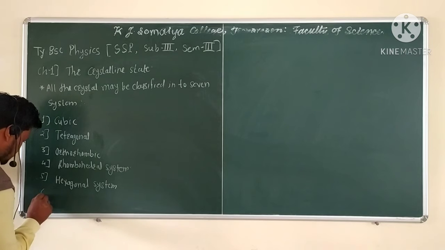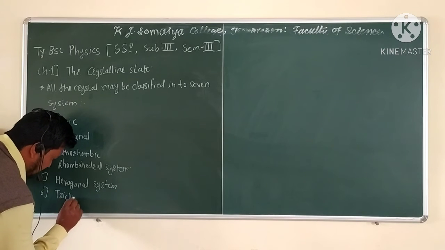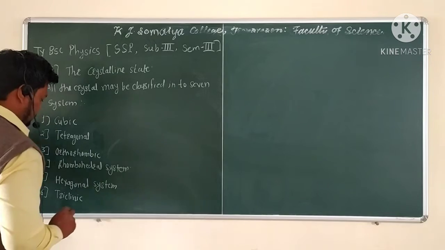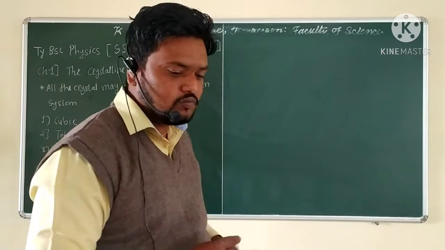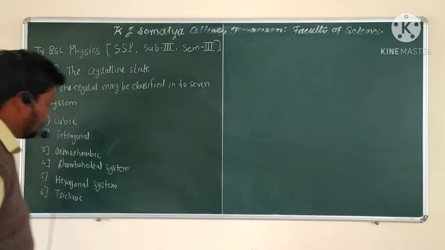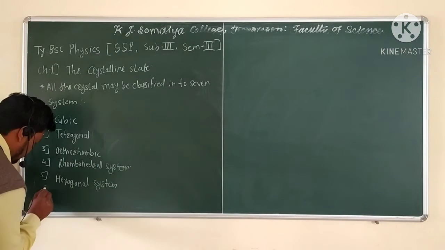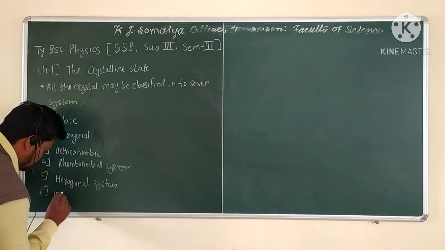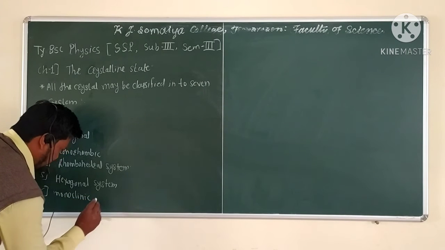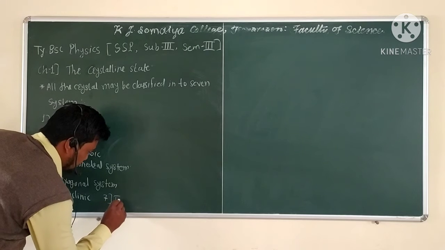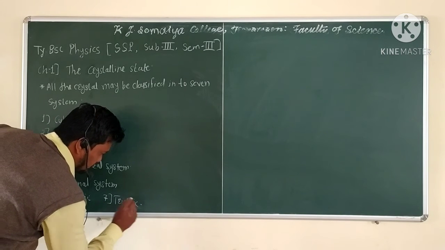The sixth is the monoclinic system, and the seventh one is the triclinic system.